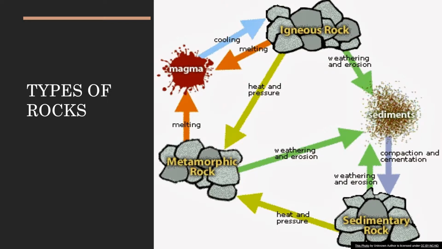And when that happens, those bits of the rock that come off, which are small and little, we call sediment. So that could be little itty bitty grains of rocks. Sediment kind of looks like sand or dirt.